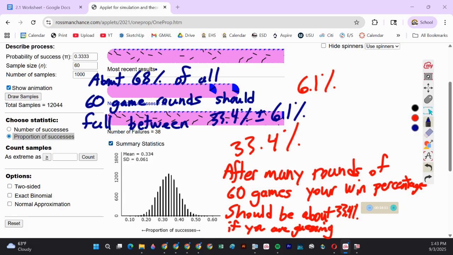Now, most of the time we don't use 68% because that's only 2/3. So most of the time we use 95%. Okay? So you could also say, and this is an equivalent statement, I could cross this off and say 95%, but then I would have to change this. Plus or minus 12.2%.